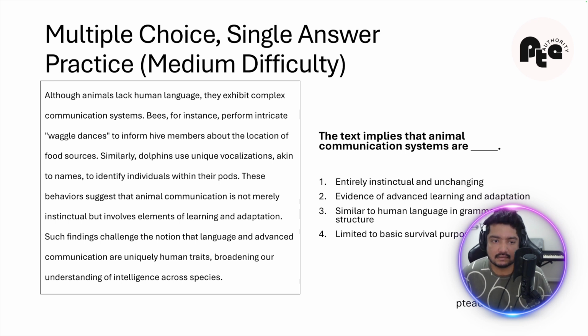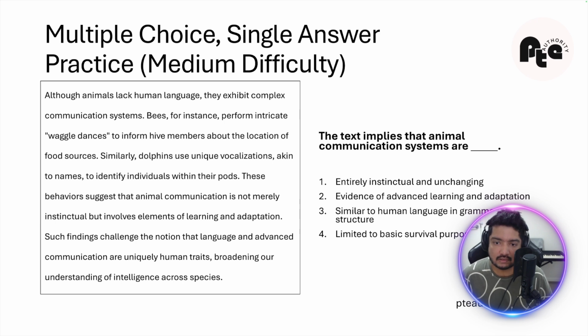It is seen in different species as well, and they are complex and they're not simple communication systems. Now, this is a tough one, but this is an inference question. So I have this inference in my head. Now I'm going to go through the answer options to see which one closely matches my inference.